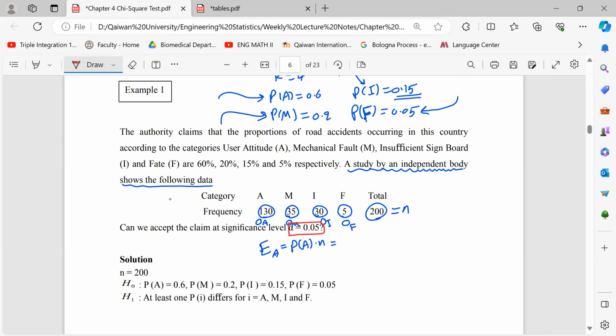Even if it's not given as alpha equals that amount, it might be given as, for example, 5% level of significance. It may be given as a percentage of level of significance. You should know that means alpha.